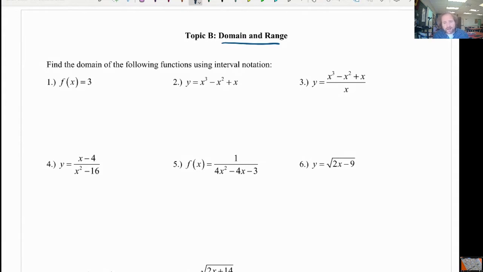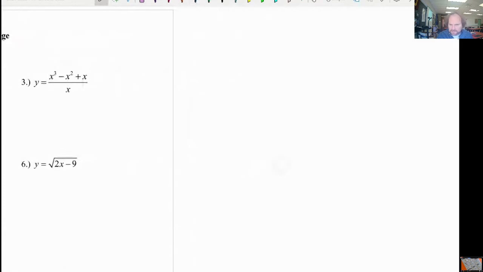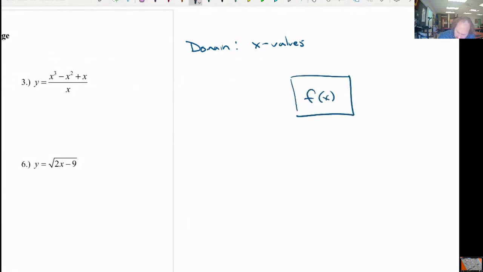That's often the case. So it might be worth a minute of just sliding off to the side here and talking about what domain and range are. Domain is all of the x values that you can use inside of a function. If you have some sort of function, usually we think about this thing like a machine, where you plug in some number, and your machine does some work and you get some number out.